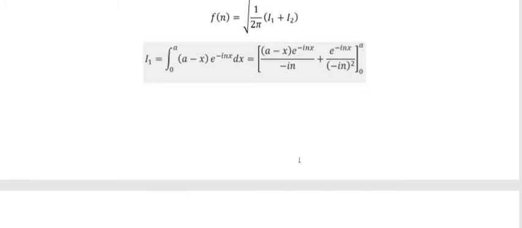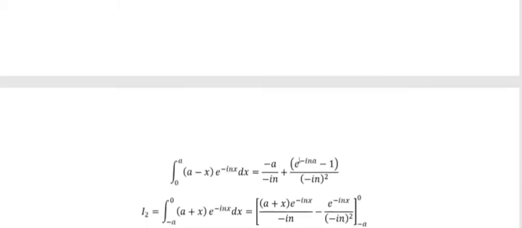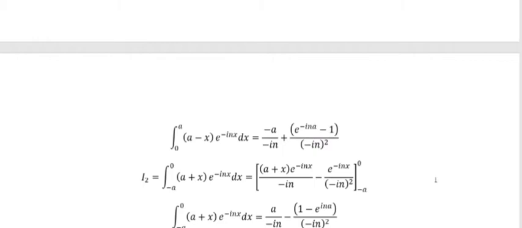When you integrate, we will get something like this: (a minus x) e raised to minus I n x by minus I n, plus e raised to minus I n x by (minus I n) whole square, with the limit 0 to a. Here we have used the Leibniz formula for integrating when two functions are involved. I have given all the steps, you can look into the document which I have shared.